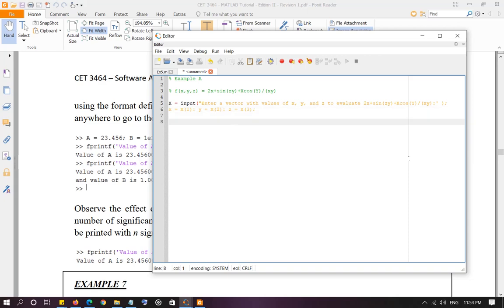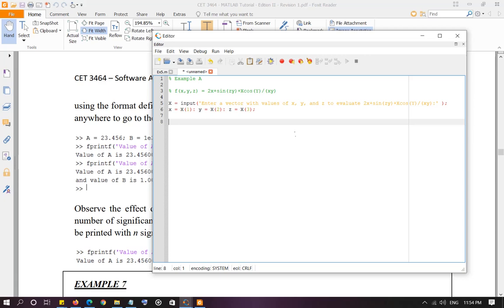And then I'm going to go ahead and write the equation down. f is equal to 2 times x plus sine of z times y.